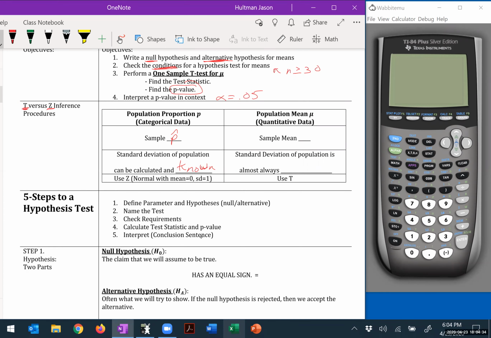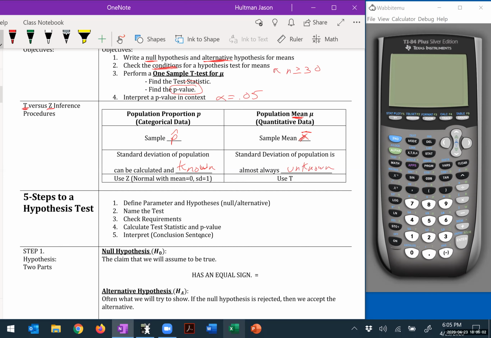Now we're going to shift gears and talk about the population mean, in a hypothesis test for means. The sample mean is X bar. The standard deviation of the population is almost always unknown.